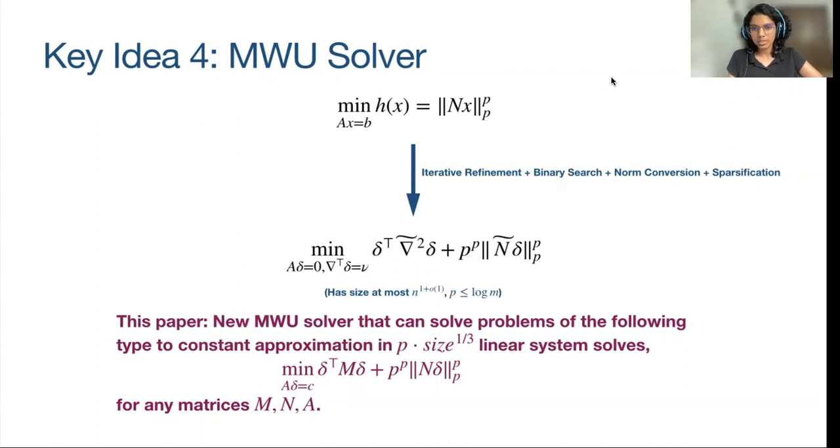This doubling of weights is called weight reduction. And by doing this, we're able to reduce the number of iterations from square root n to n to the 1/3. And this works for any matrices M, N, and A.